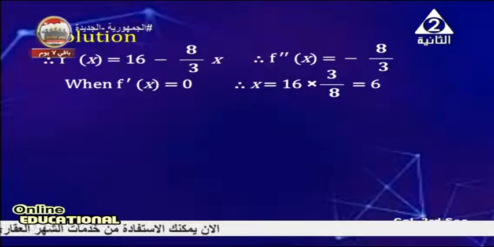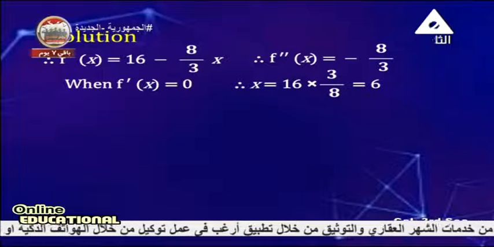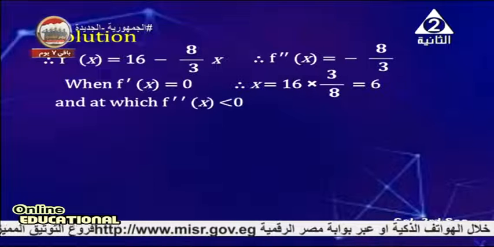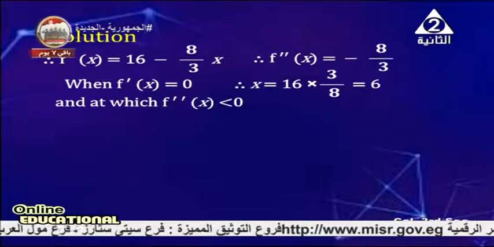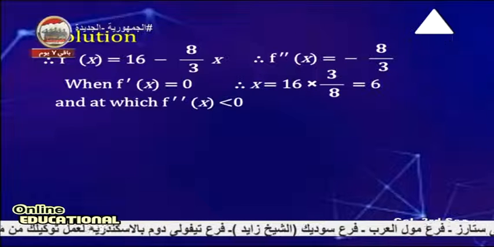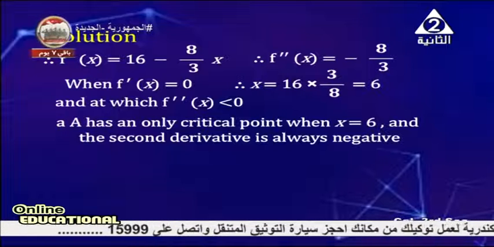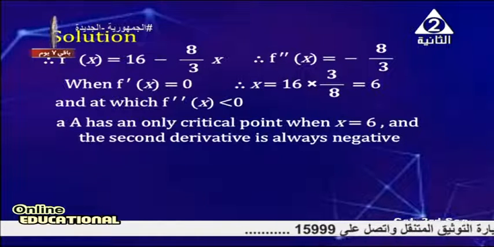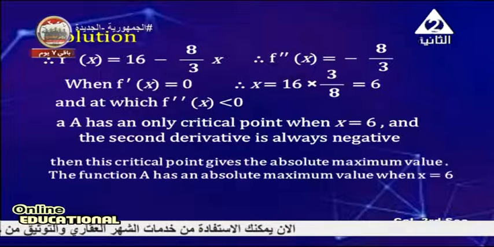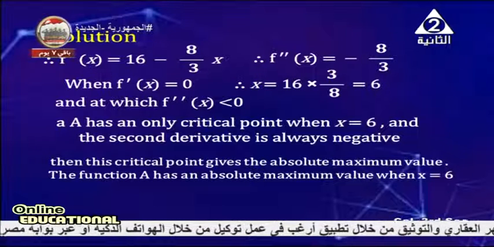Then x equals 16 multiplied by 3 over 8, so x equals 6. And by using the second derivative test, f double dash x when x equals 6 is a negative value, then the area A has only one critical point when x equals 6, and the second derivative is always negative, so this critical point gives the absolute maximum value of the function.